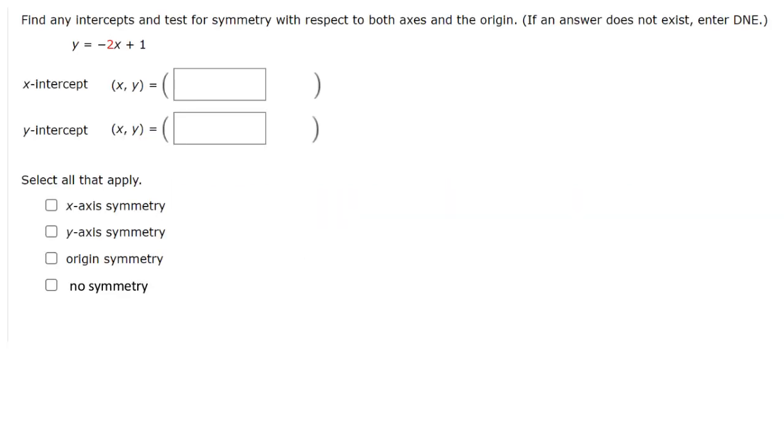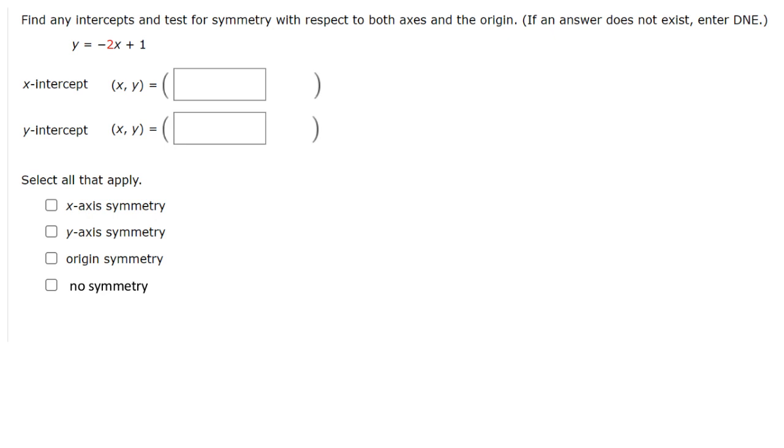The first question that we want to review is finding x-intercepts and y-intercepts, and also applying symmetry to our equations. The first question, copied directly from your homework, says: find any intercepts and test for symmetry with respect to both axes and to the origin.